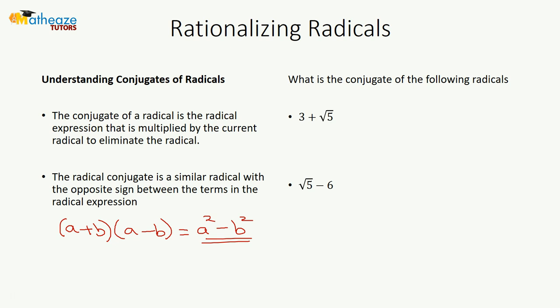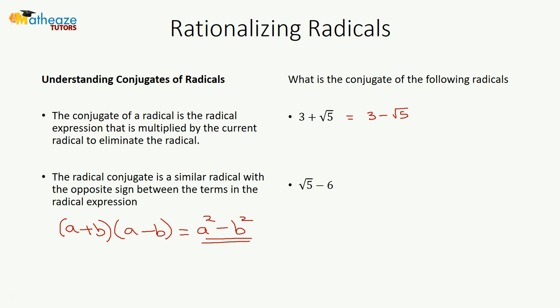So what we always end up doing is we have the same type of expression, only that we change the sign between the expressions and the radical. So here, for example, we have 3 plus square root of 5. What we're going to end up with is 3 minus square root of 5.